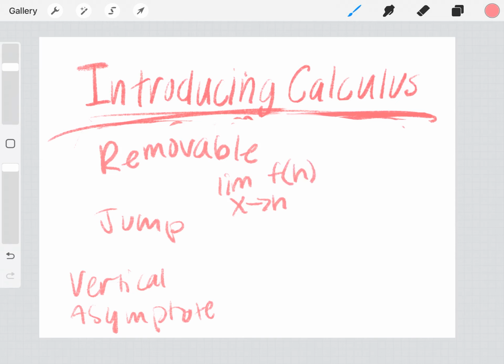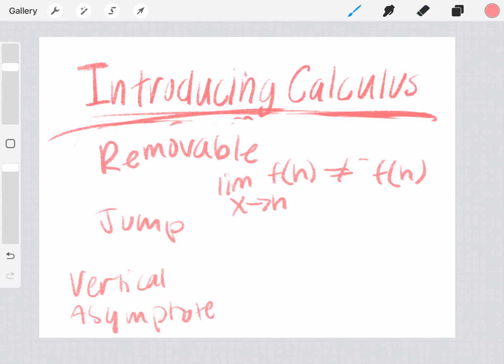So there is a limit, right? But the function just has a random point for some reason, and it's not connected. There's just one point that's off, like here in this graph. Okay, that's removable because you could basically just draw a line through it and ignore that point, and basically it's almost the same thing, right?